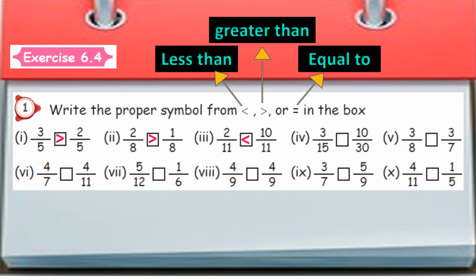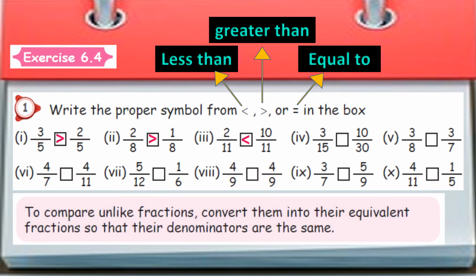Just come to the fourth one. For this, we need the instruction which was given in your book to compare unlike fractions. Yes. Look at this denominator. Here we have 15 and this one is 30, isn't it? So, to compare unlike fractions, convert them into their equivalent fractions so that their denominators are the same.